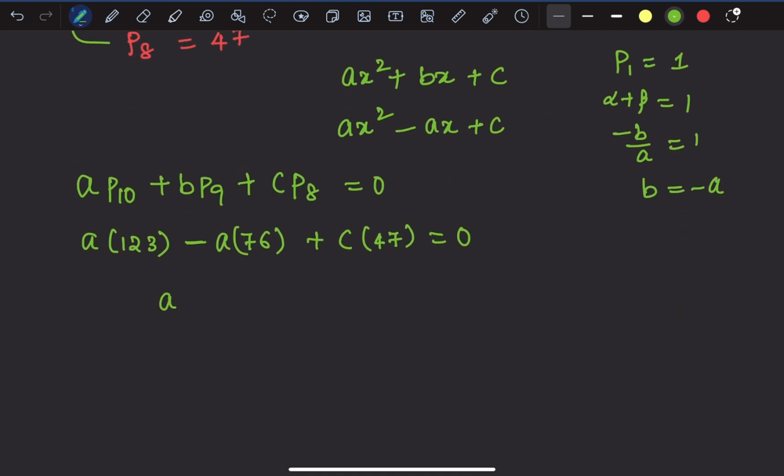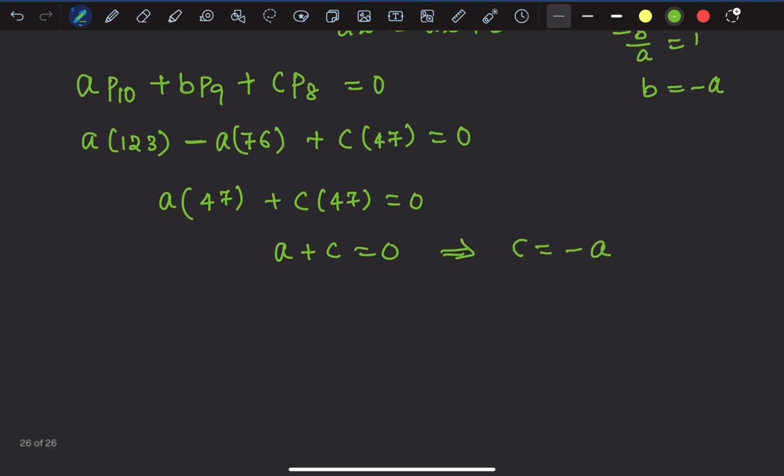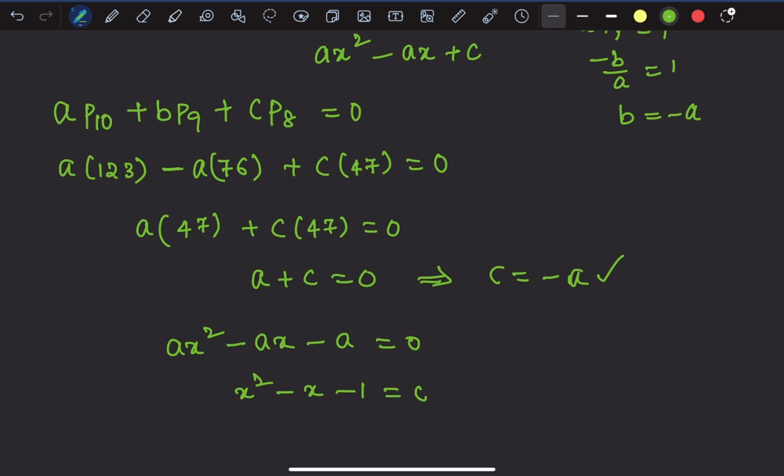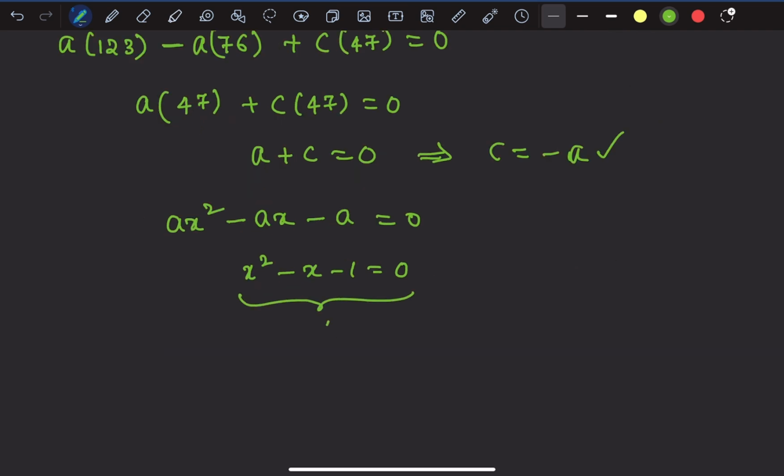So this is a, 123 minus 76 is 47, plus c multiplied by 47 is equal to 0. So therefore a plus c is equal to 0, which implies c is also equal to minus a. So now the quadratic equation is ax square plus b, which is minus a, x plus c, which is also minus a, is equal to 0. So x square minus x minus 1 is equal to 0. So this quadratic equation has the roots alpha and beta.